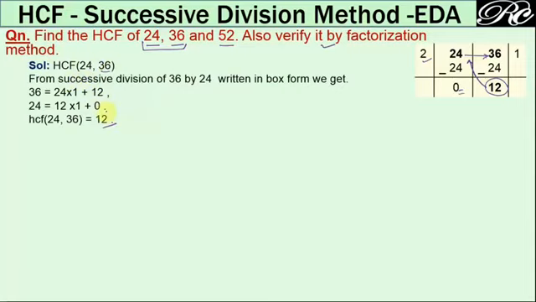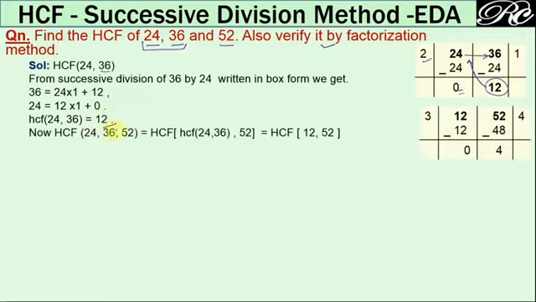But we need to find the HCF of 24, 36 and 52. So for these three, the HCF will be the HCF of the HCF of 24, 36 with 52. Now the HCF of 24 and 36 is 12. So we can substitute 12 here. Now the new HCF again we have to calculate by the box method. Take 52 here, divide it by 12.